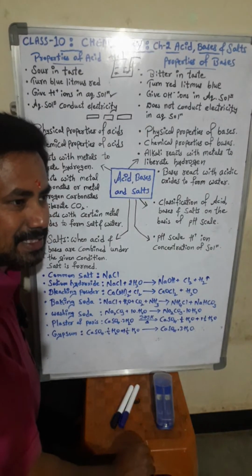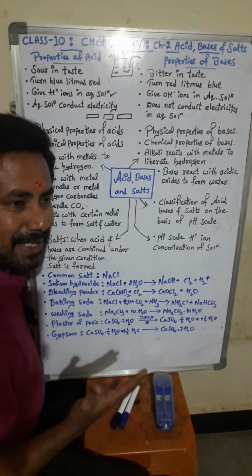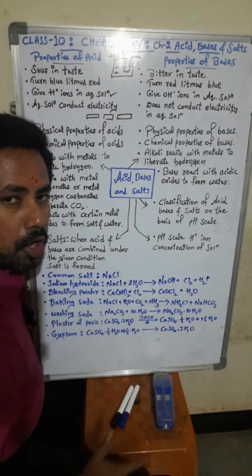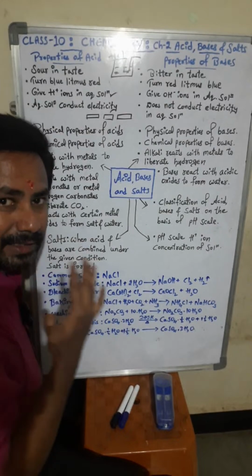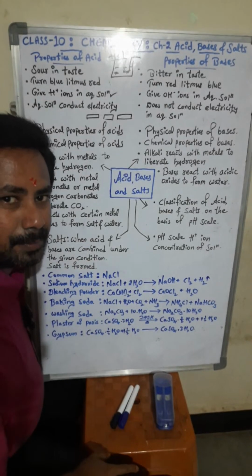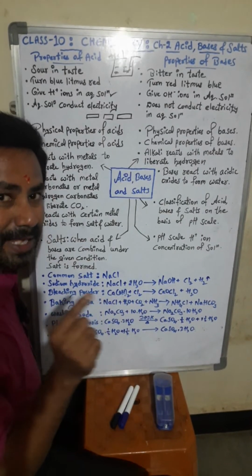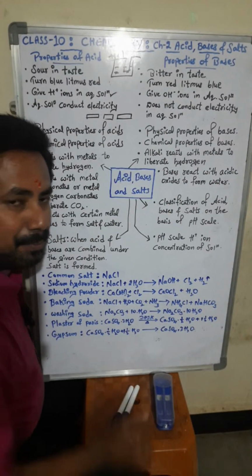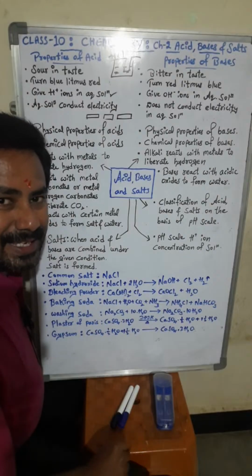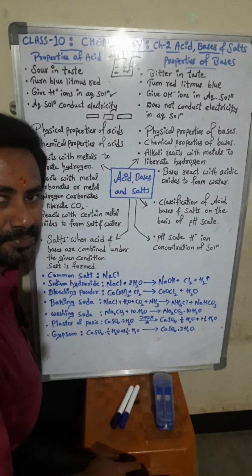The main reason is when we sleep at night, in our mouth some microorganisms, bacteria, will make that acidic condition. So we apply paste to our brush. The paste which we brush with is actually a base.